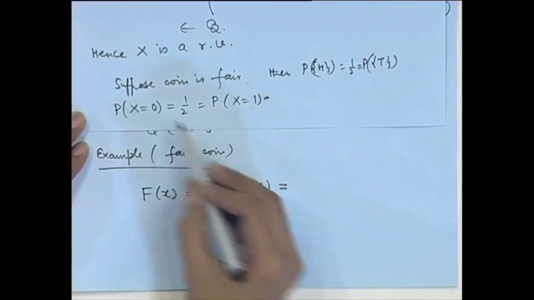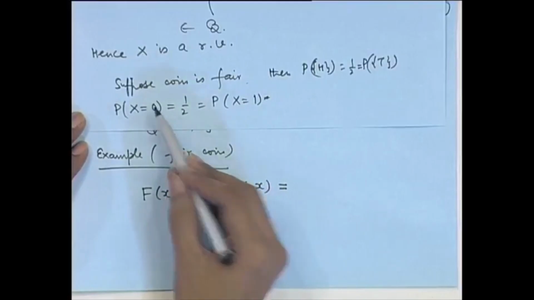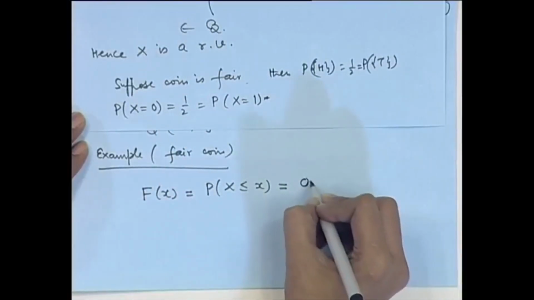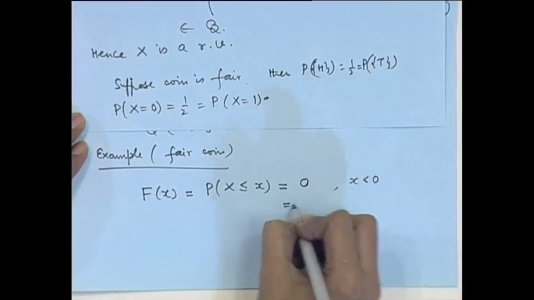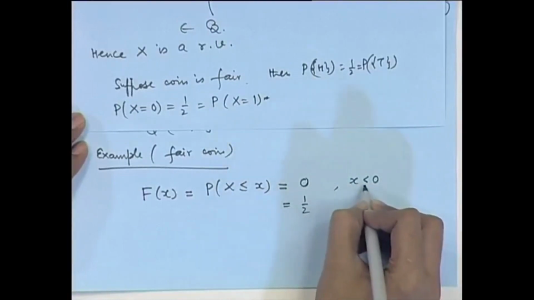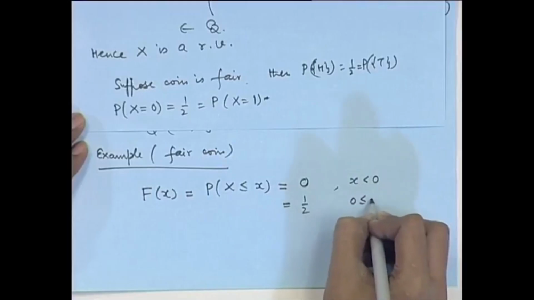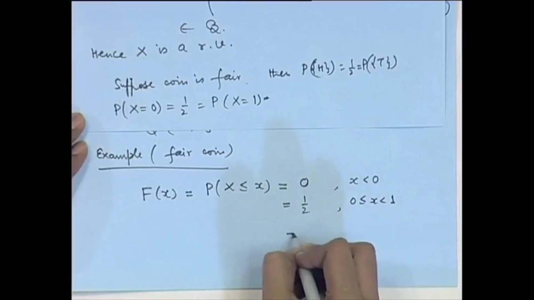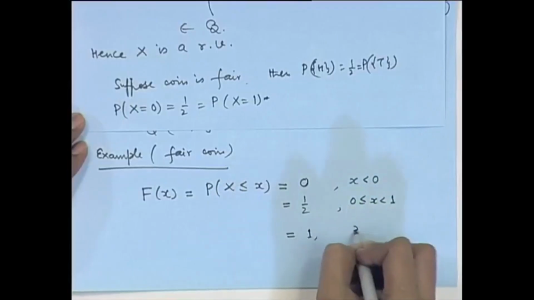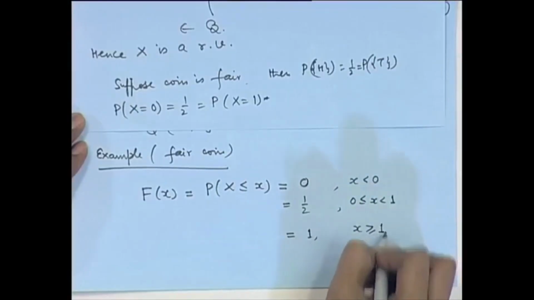Since the random variable takes the smallest value as 0, this probability is 0 for x less than 0. The probability becomes half when x becomes 0, and it remains so till x is strictly less than 1. It becomes 1 for x greater than or equal to 1.